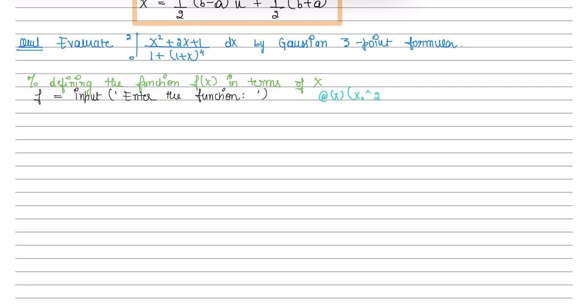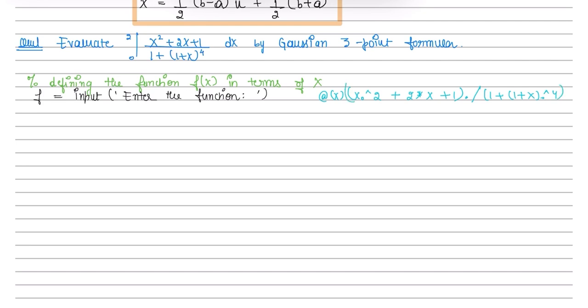Make sure that you are using dot because we will be using point-wise operation here, plus 2 into x plus 1, this whole divided by 1 plus x to the power 4.